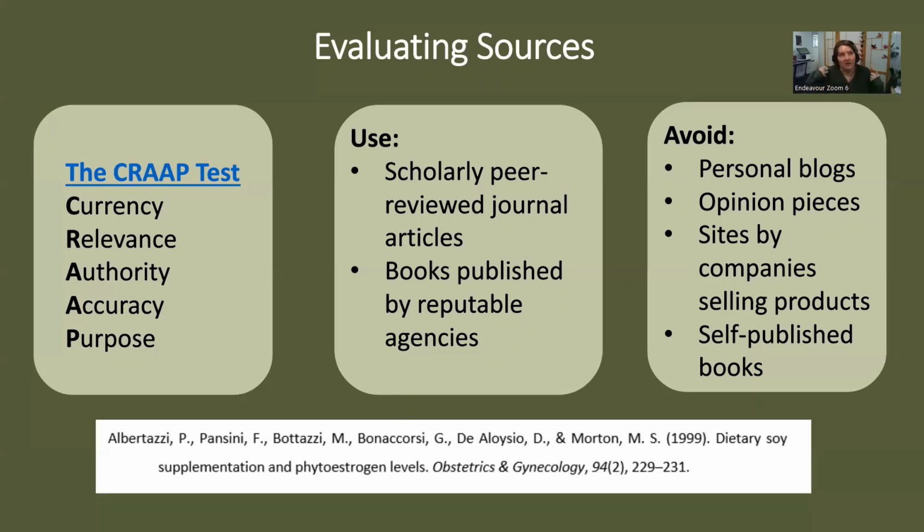Even if they're saying the same thing, for example, if you're looking at a website and it says that ginger is effective at treating nausea, but if that site is also selling ginger tea, you can see that the purpose of that might not be the strongest, as opposed to finding a journal article where a study was conducted testing the effectiveness of ginger in morning sickness or something like that.